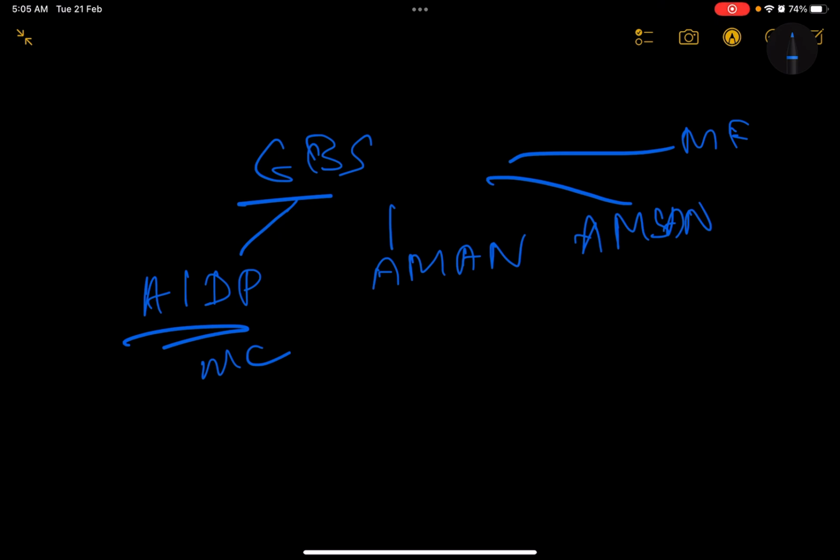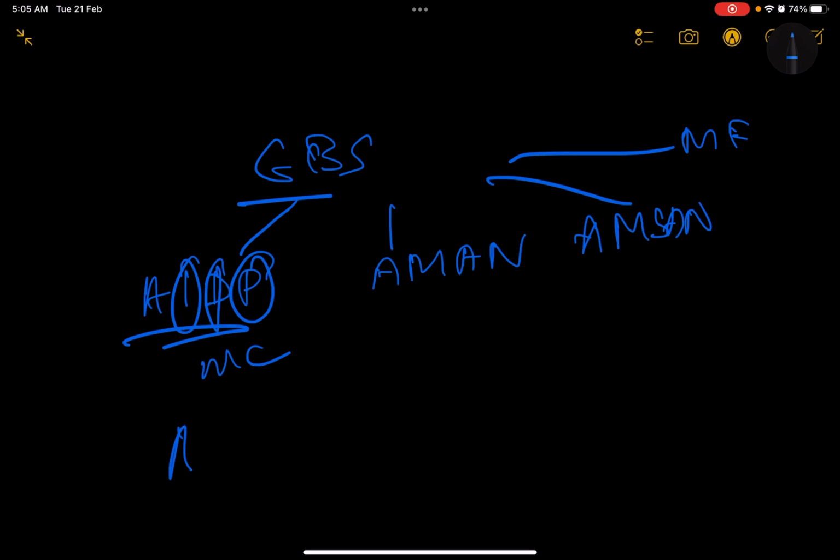Otherwise, it's not that necessary. But AIDP is acute inflammatory demyelinating polyneuropathy. So it's acute, it's inflammatory, it's demyelinating, as we've already said, and it's a polyneuropathy. Similarly, as I've already said, there is a chronic demyelinating polyneuropathy as well. Very similar. So that is AIDP.